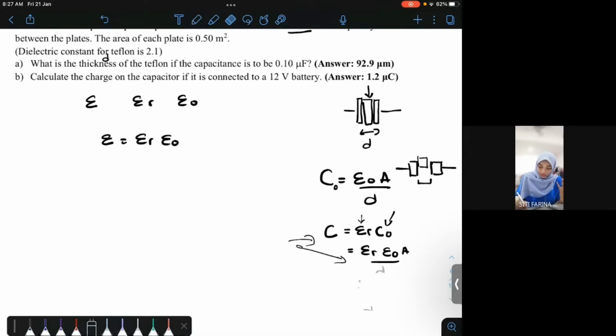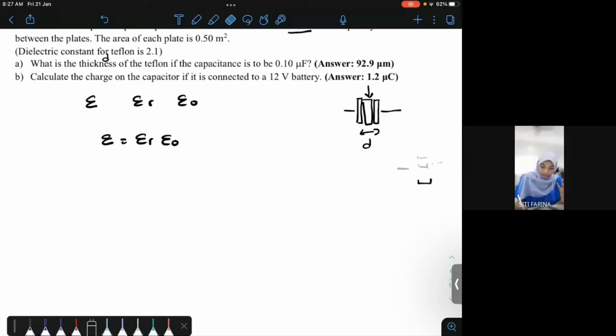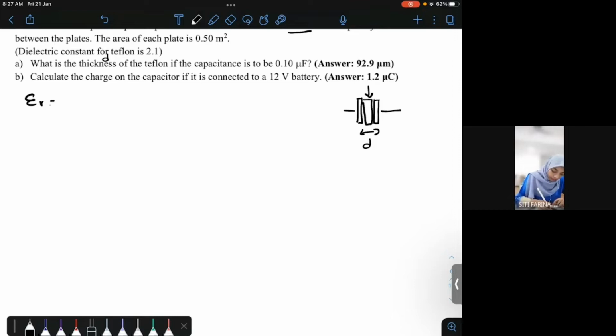Alright, so now we have epsilon R sebab dia kata dielectric constant of Teflon, so dia bagi nilai epsilon R. Okay, awak kena should be able to distinguish between apa nilai yang dia bagi, epsilon ke atau epsilon R. Kalau dia kata dielectric constant of a material, itu adalah epsilon R.